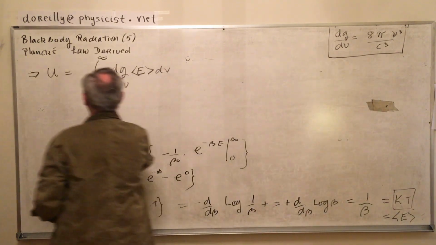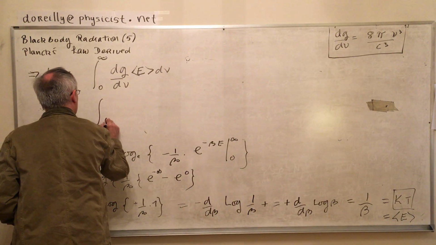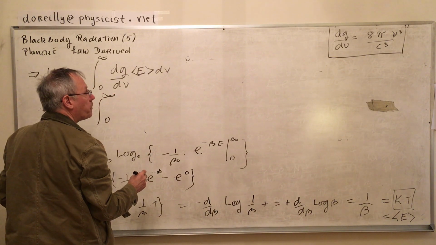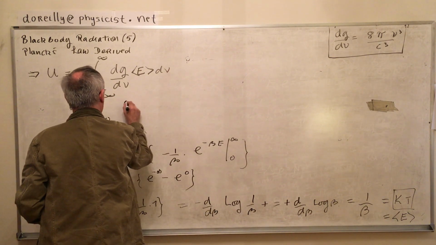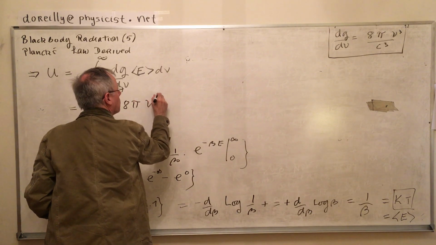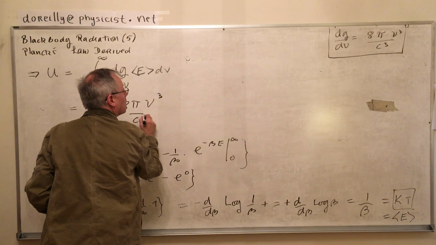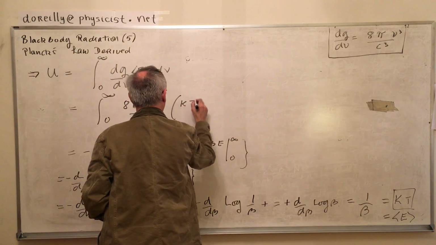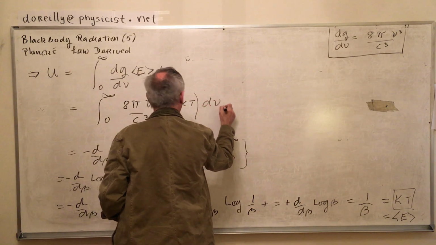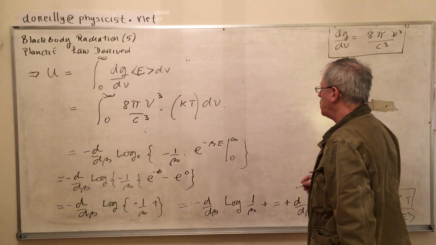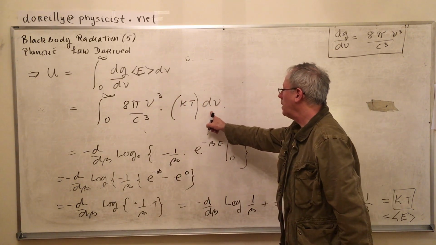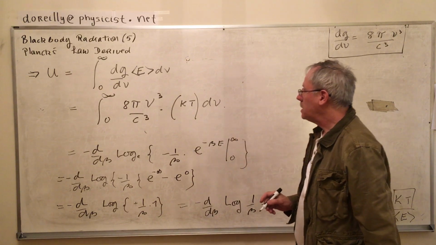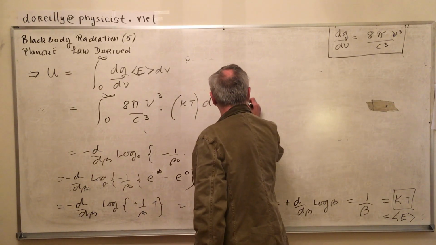So we put in the average energy classically, and then the dg by d nu. There it is up there. Now some people write this differentially, but this is the result, the Rayleigh-Jeans law.